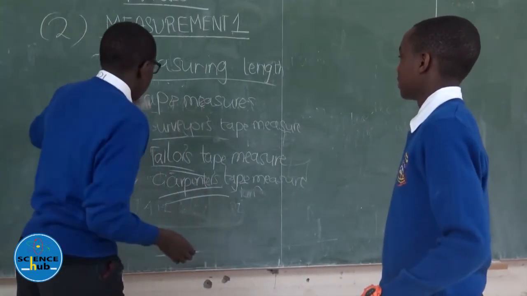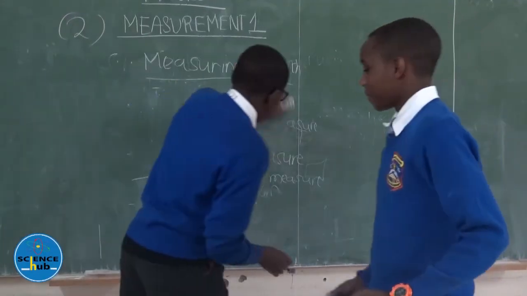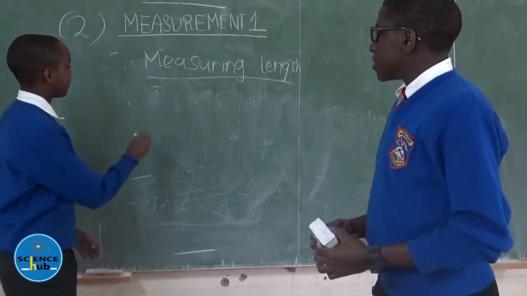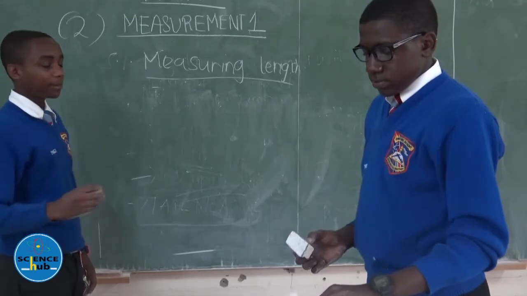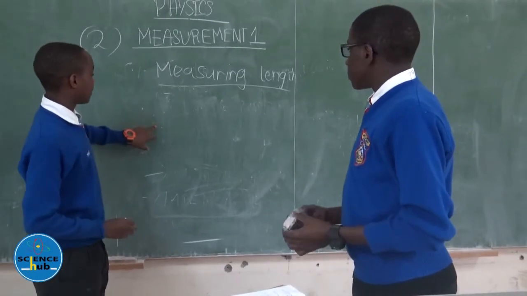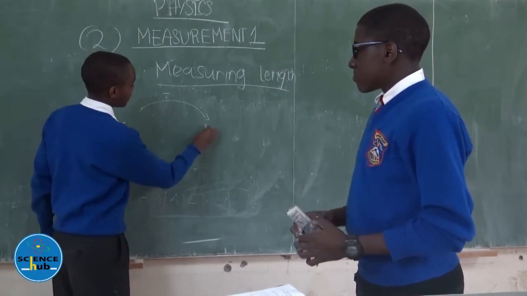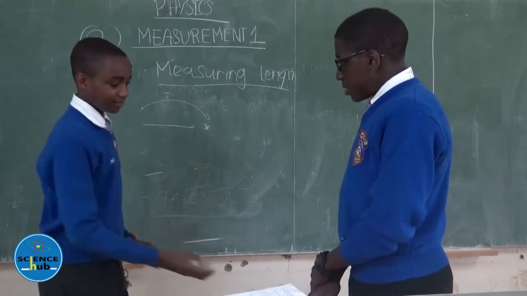Now, here the Chapo. Can you take us to the next subject? More to it, but note that this surveyor's tape measure is mainly used to measure for example, the distance of a javelin throw. For example, the javelin sent to this point can be used to measure this distance.